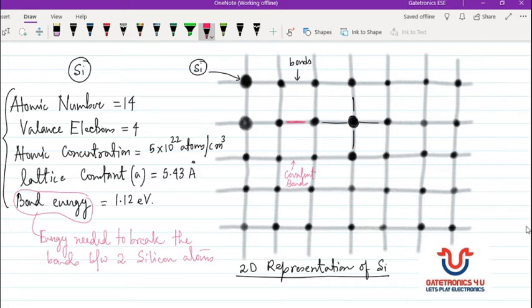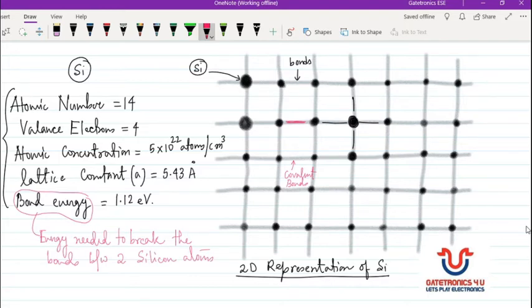And in this crystal structure of silicon, step 1, we have found a 2D representation of silicon from the 3D representation of silicon, and we will use this 2D representation of silicon for explaining the phenomena that will take place inside the material for higher temperatures.